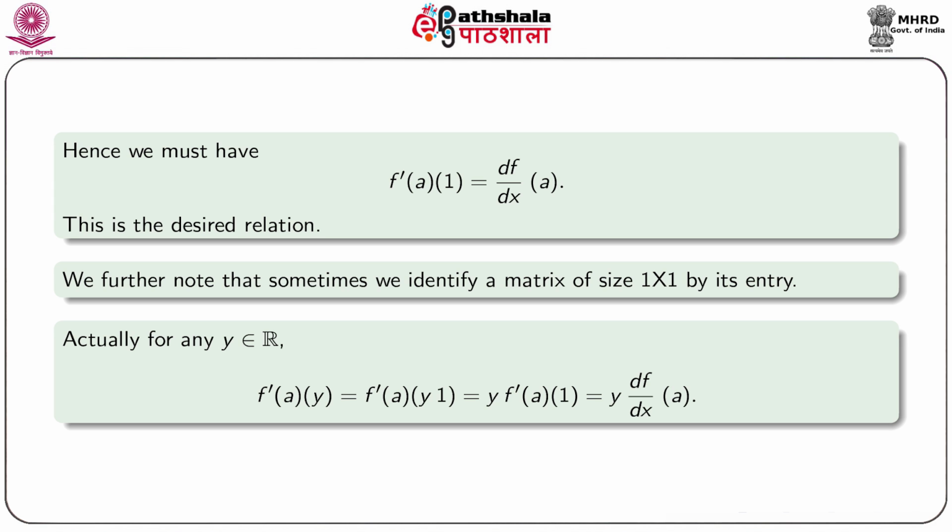Actually, if we consider any y in R, then f'(a) operated on y is nothing but f'(a) operated on y times 1. We consider y as a scalar and 1 as a vector. So, by the linearity of f'(a), y comes out. So, it equals y times f'(a) operated on 1. So, it is nothing but y times df/dx at the point a.